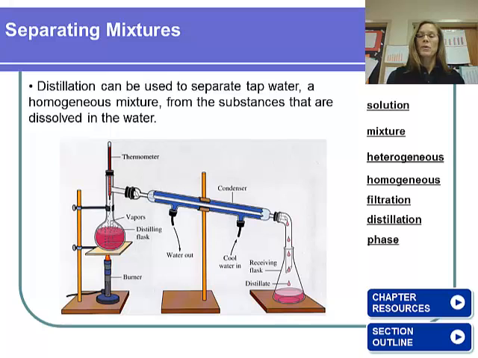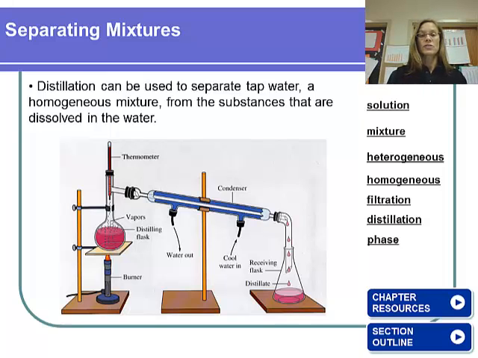Distillation is another process of separating some of the dissolved solids in tap water. What happens is you heat the liquid substance to its boiling point, evaporate it, and the dissolved solids end up being left behind when that water evaporates.